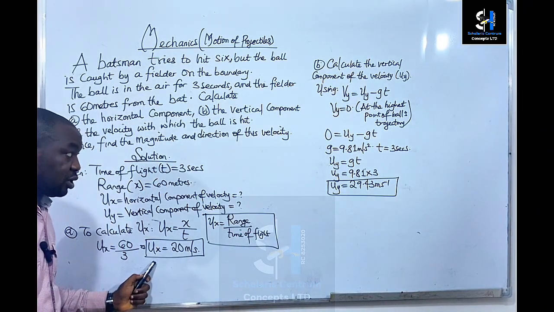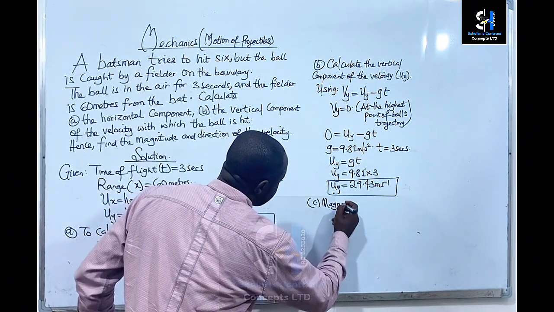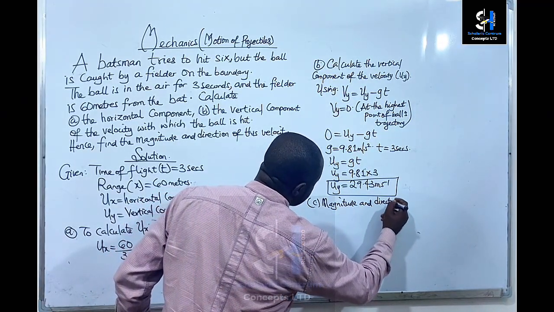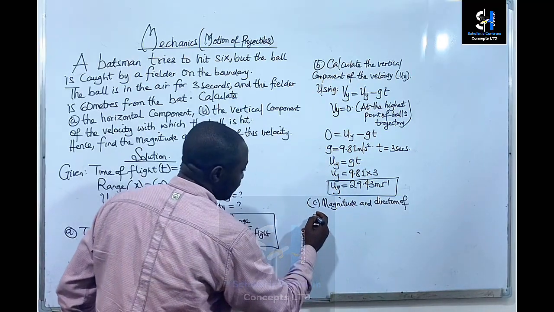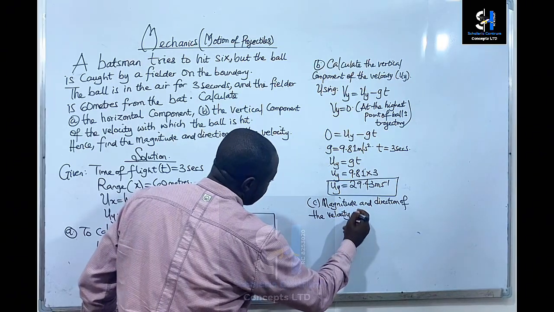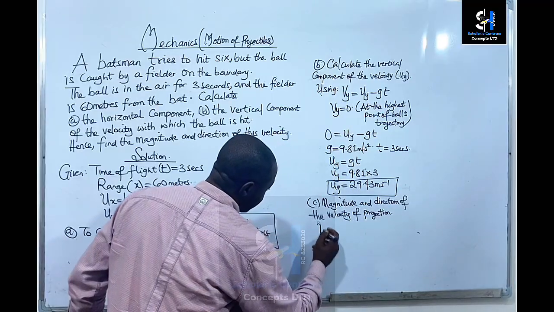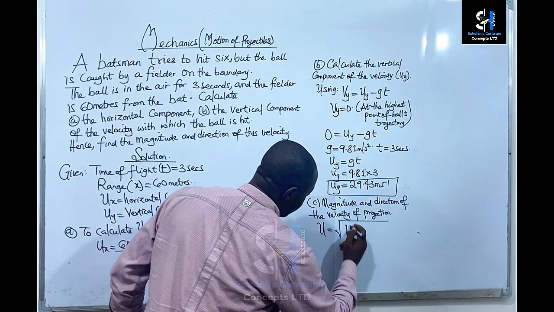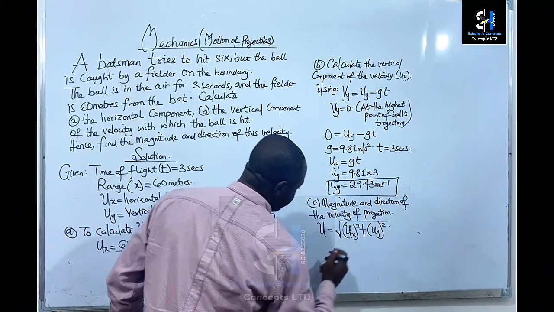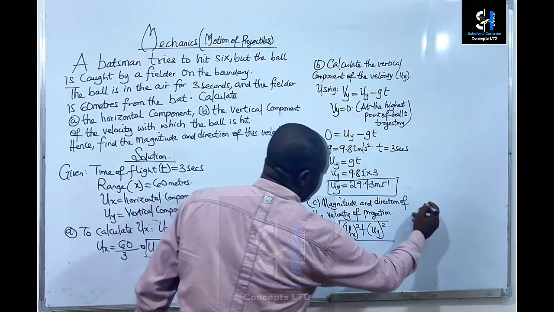So u equals the square root of ux squared plus uy squared.